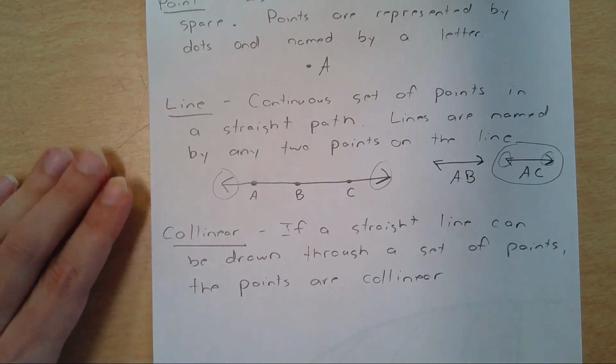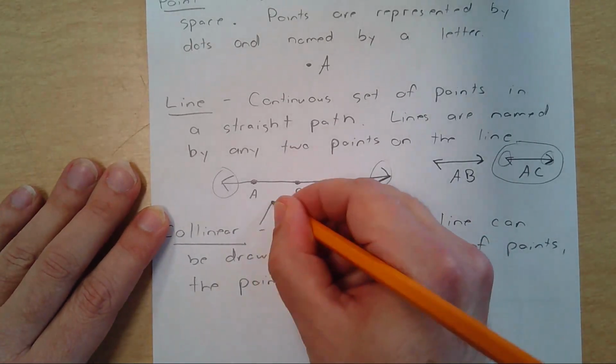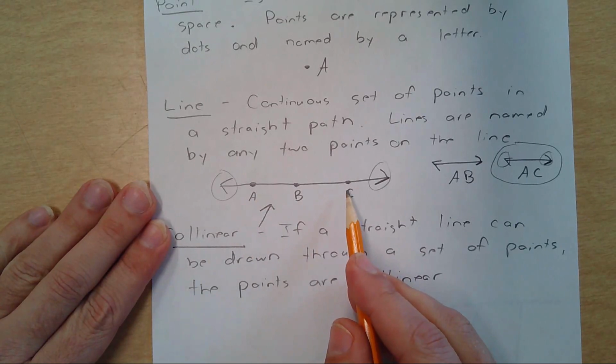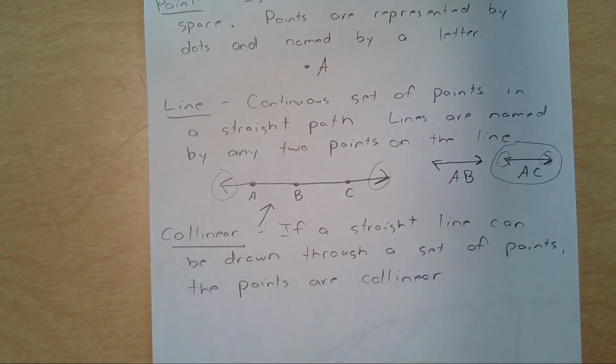So I can go back to where we talked about here. I'm just going to go back up to this line right here because it's just fine and well. But these points are considered collinear because I can draw a straight line through all three of these points, right? I just drew a straight line again. Don't have a ruler.